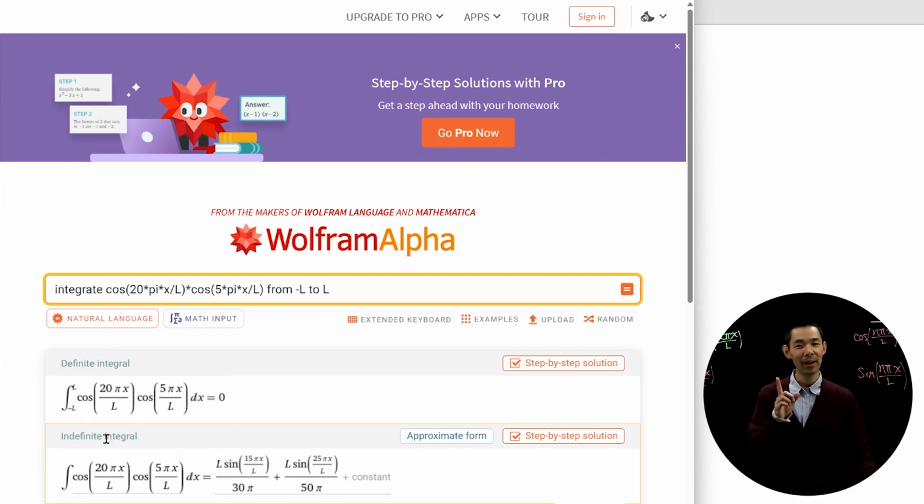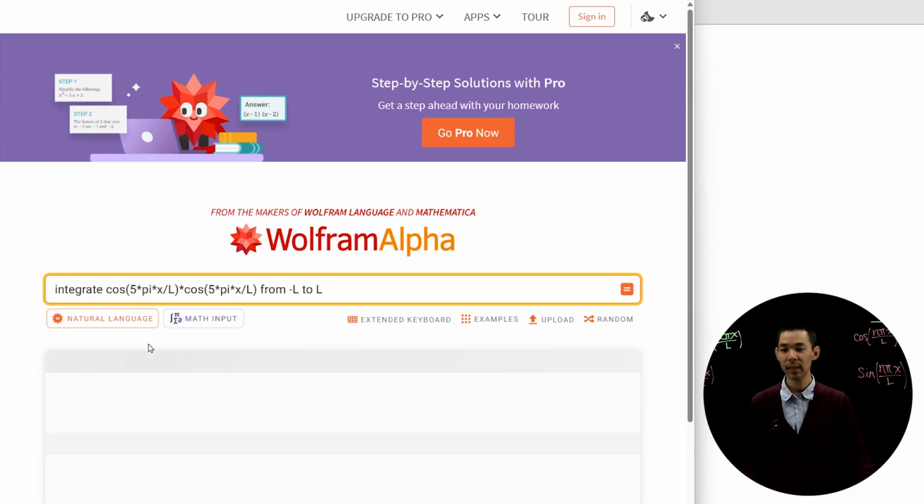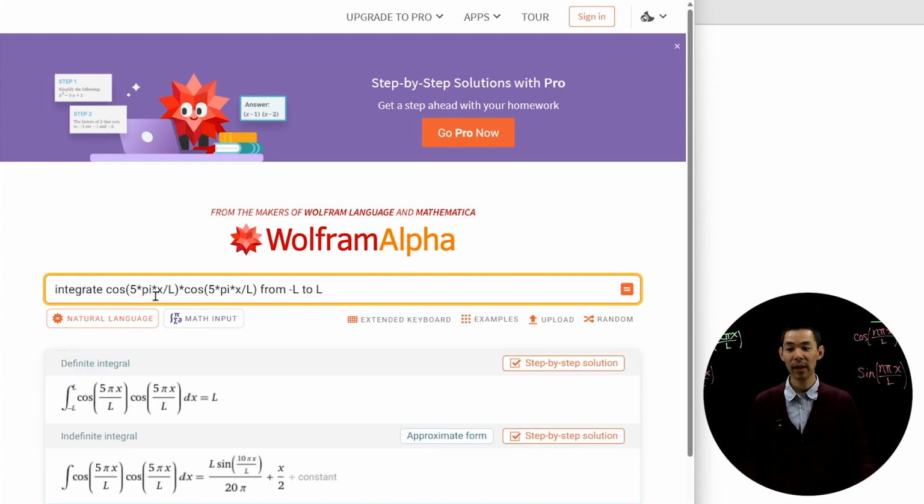But when the values are the same, we should check that too. So let's see. Cosine of 5 pi x over L times cosine of 5 pi x over L. In this specific case, what we find is that the product of those two functions is not equal to 0.